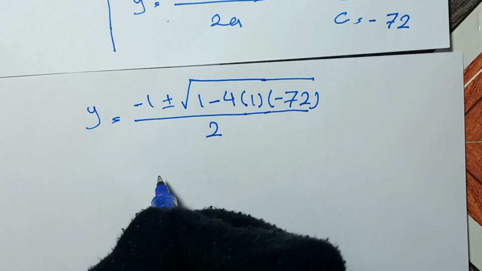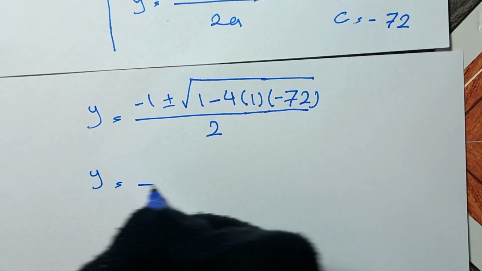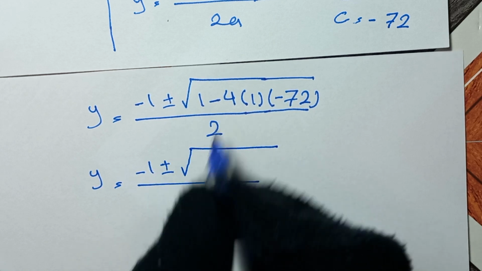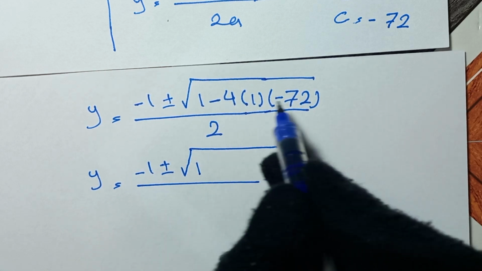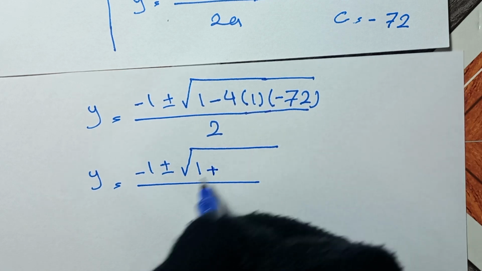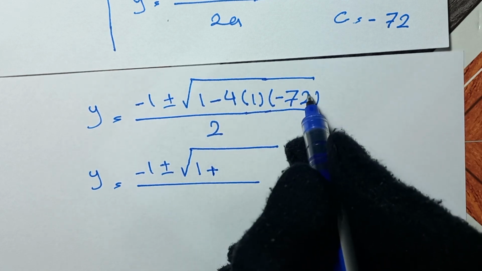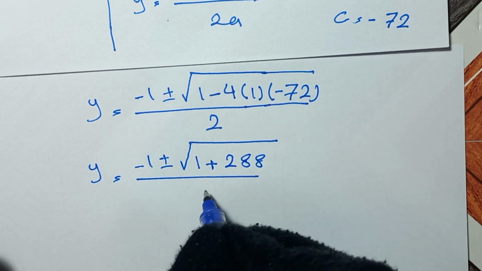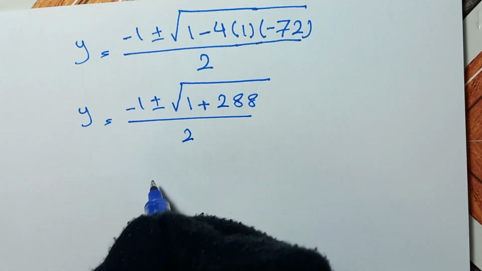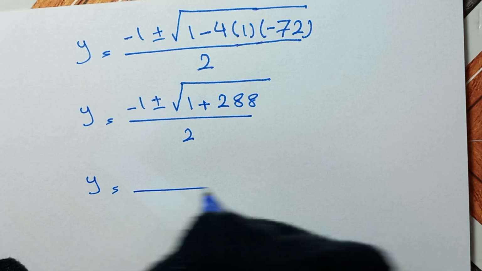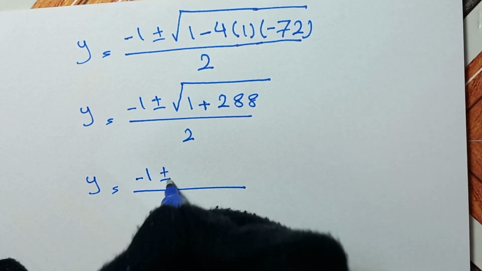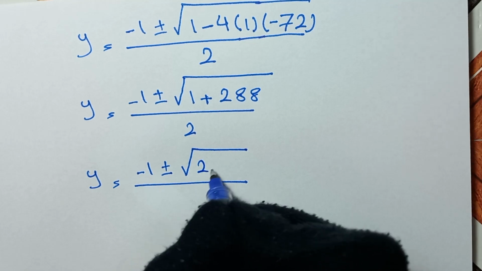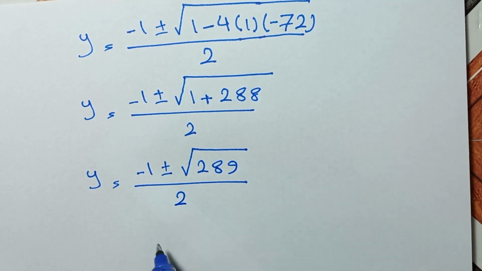Here, y equals negative 1 plus or minus the square root of 1. Negative times negative will be positive, and 4 times 1 times 72 is 288, over 2. So y equals negative 1 plus or minus the square root of 1 plus 288, which is 289, over 2.